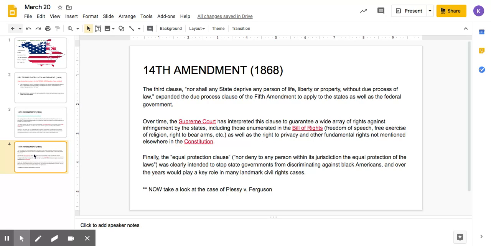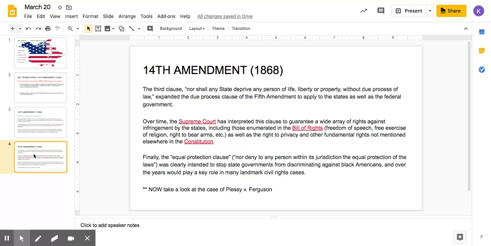And finally, the Equal Protection Clause, which says that nor will it deny to any person within its jurisdiction the equal protection of the law, was clearly intended to stop state governments from discriminating against Black Americans. And over the years, that has played a key role in many landmark civil rights cases.